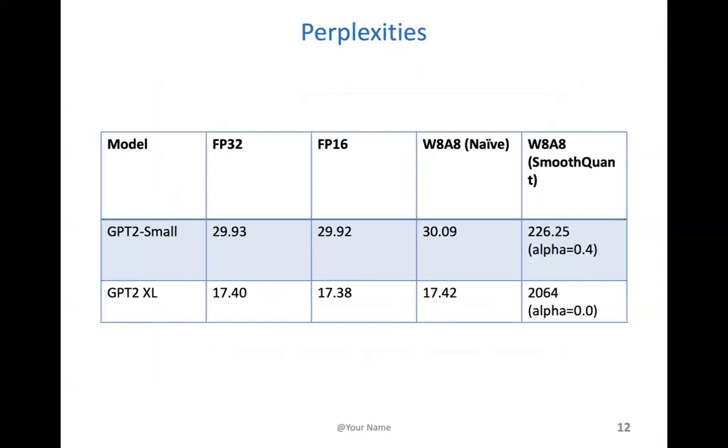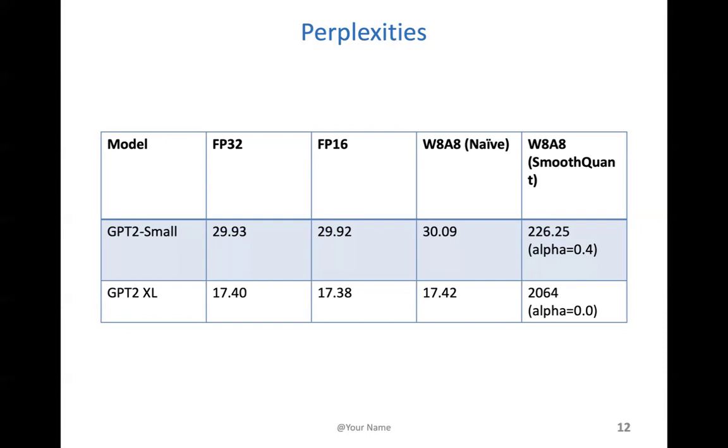Here are the rest of the perplexities that I found for this model. For GPT-2 small, the original perplexity was about 29.92. And for the GPT-2 XL model, the perplexity was approximately 17.14.